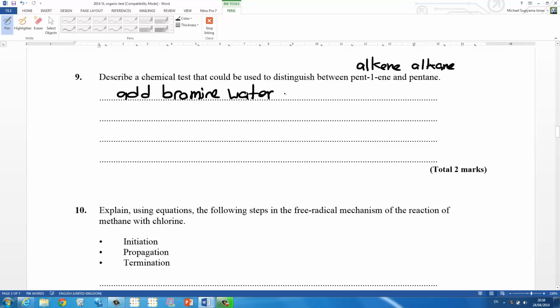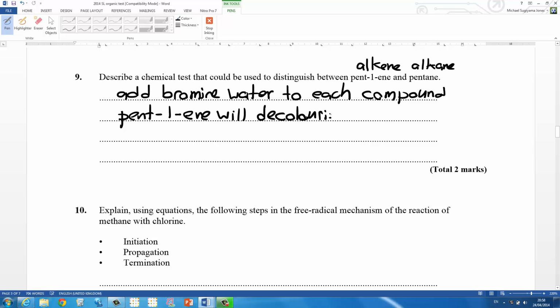You'd add bromine water to each compound. The pent-1-ene will decolorize the bromine water.